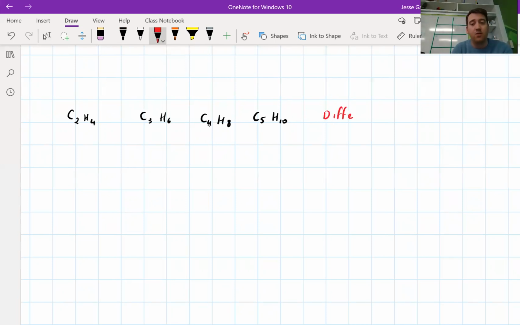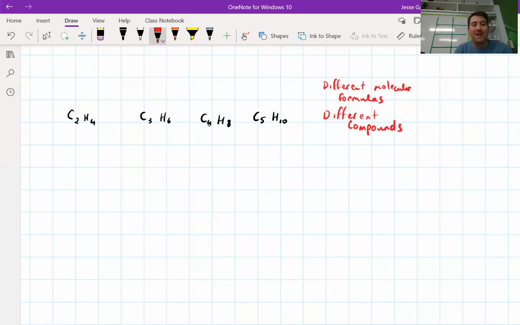These are different compounds for sure, with 4 different molecular formulas. But I want you to notice something.